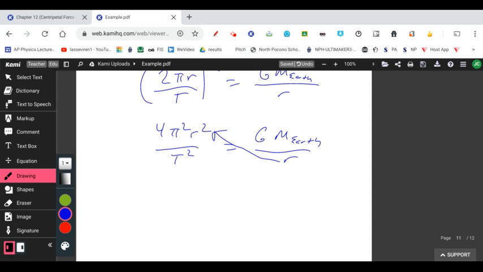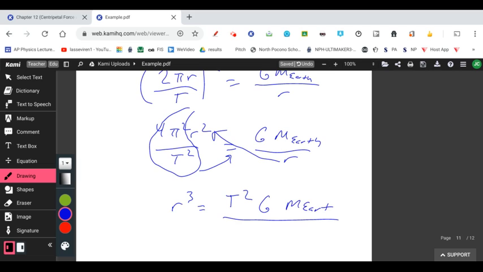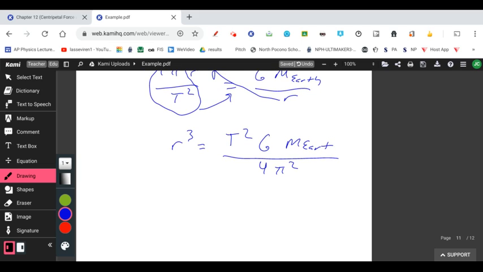I'm going to take everything else on the left side over to the right side, and that will give me R cubed is equal to t squared times G times the mass of the Earth divided by 4 pi squared.